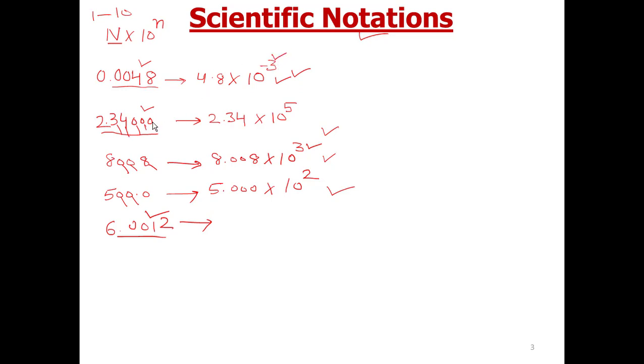Similarly, here the decimal was moved 1, 2, 3, 4, 5 places to the left. So if we move to the left, then the value of the exponent is positive and equal to the number of places the decimal has been moved. It was moved 5 places, so we have written 10 raised to the power 5. So similarly we can give scientific notation for any number.